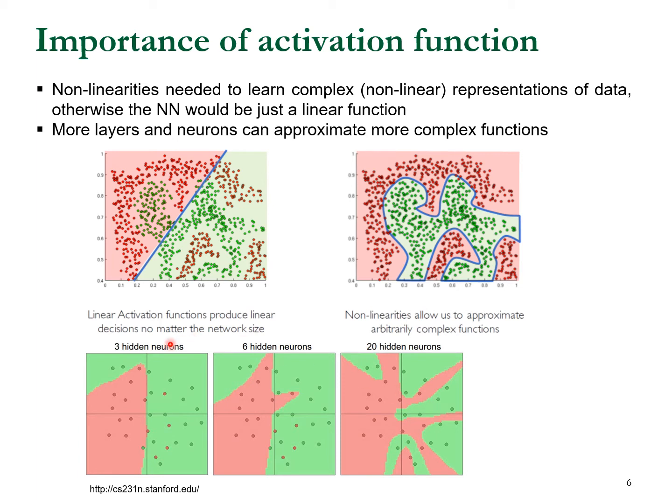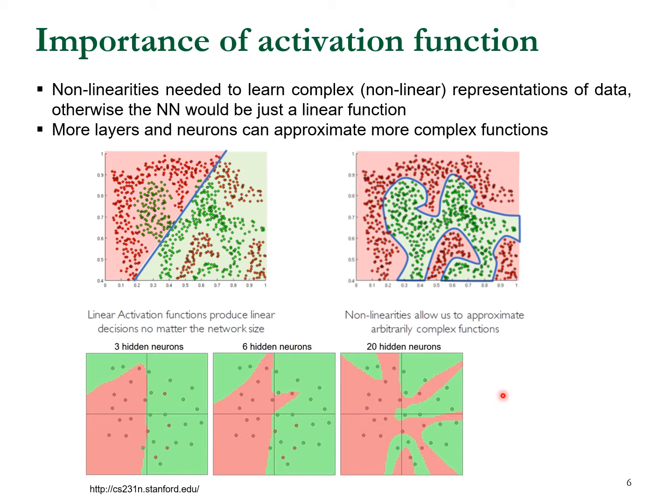So if you increase the number of neurons like this, or if you increase the number of layers, the neural net becomes more complex, which means it can represent more complex functions like this. That is the advantage of increasing the number of layers or neurons.